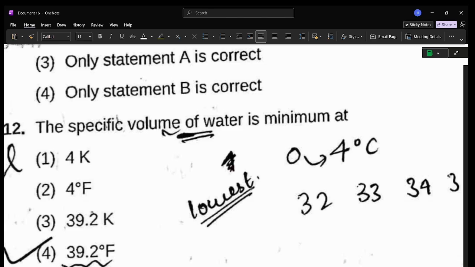Like it's from 32 to 212, right? So it's 180.